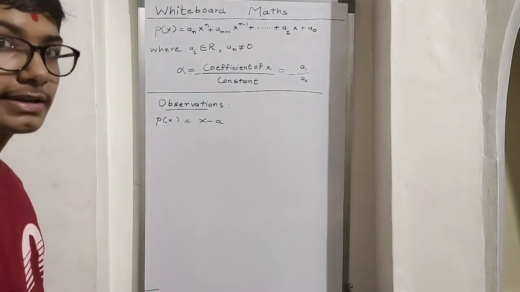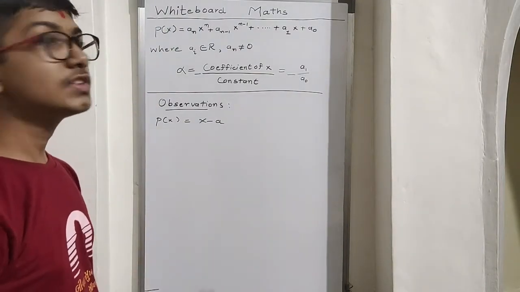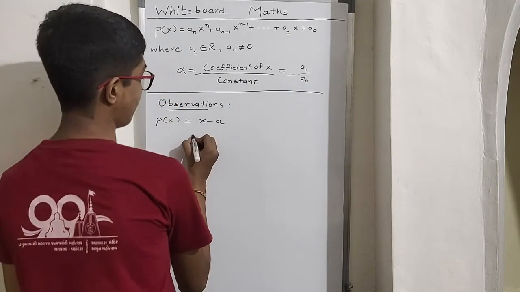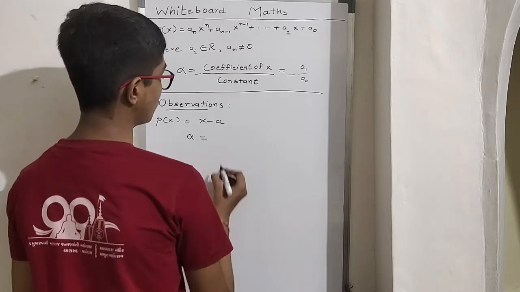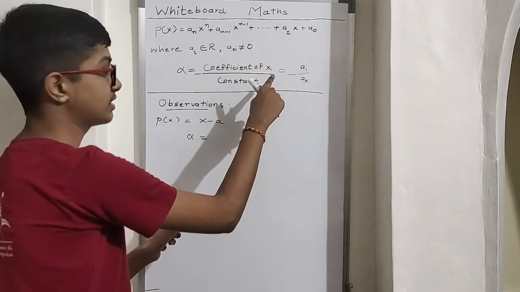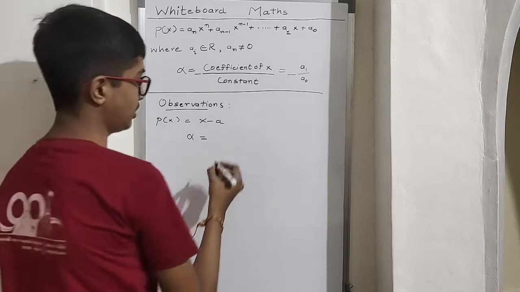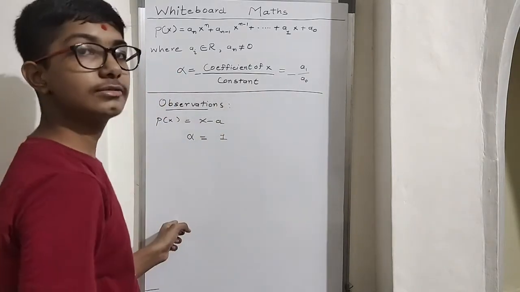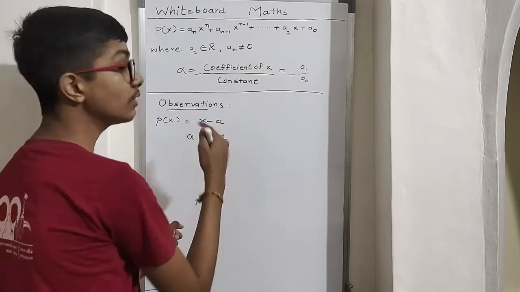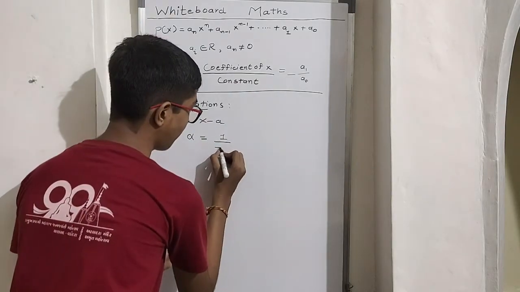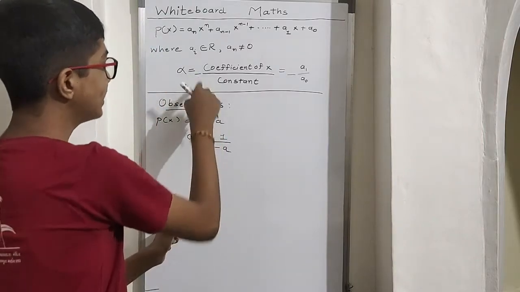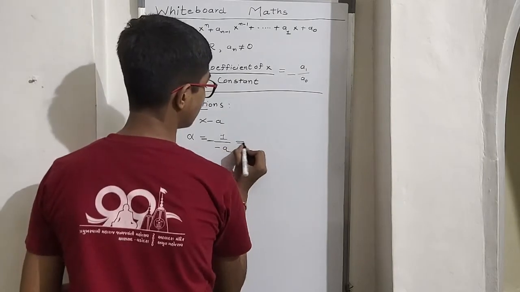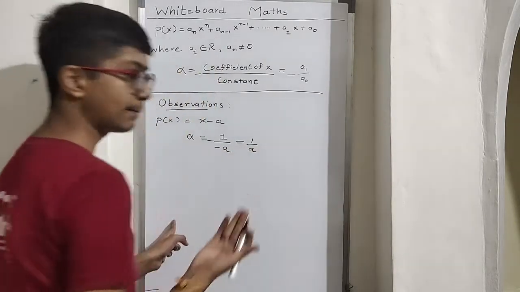Now we will check what the value of alpha is in this case. Alpha would be equal to negative the coefficient of x, which is 1, divided by the constant term, negative a, and the negative will stay the same. So here we will be left with 1 over a.